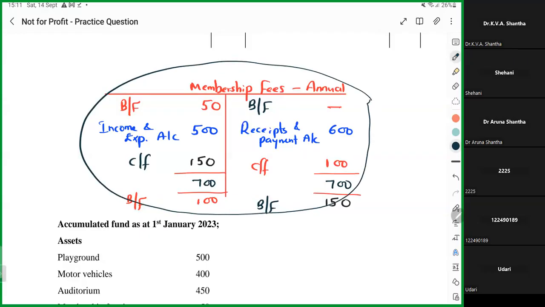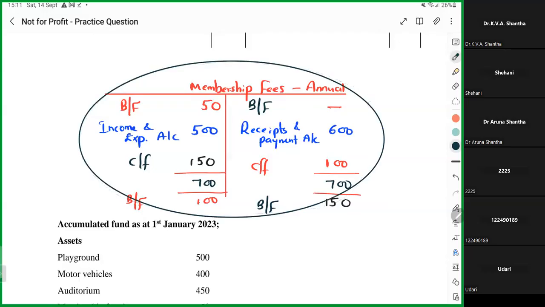So you first find out the balances at the beginning and end, both debit and credit balances. After recording the balances, you record the amount received, 600, and the total for the year as income. Then your account should balance.